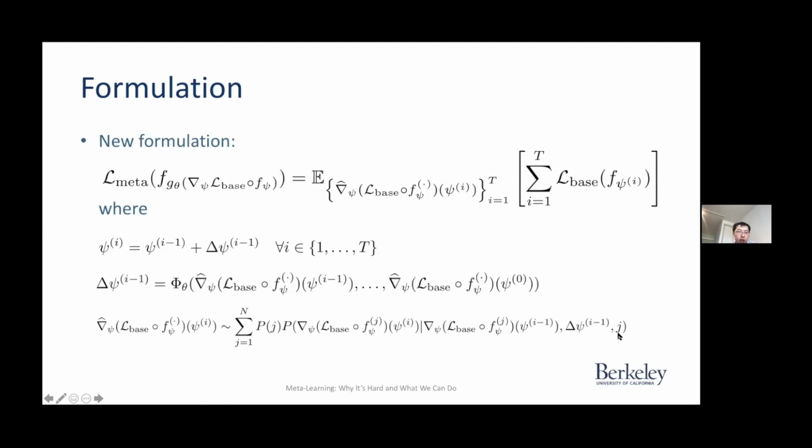We don't actually know it is the jth objective function. Instead we're going to take this marginal distribution, marginalize over the j's, over all the different training objective functions, and then draw a sample from that distribution.